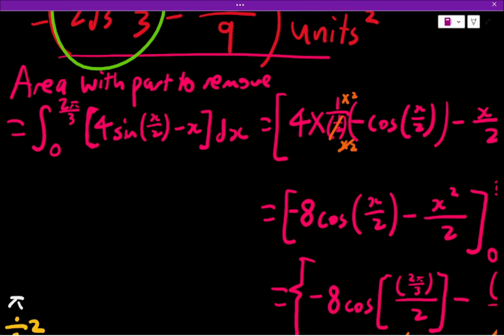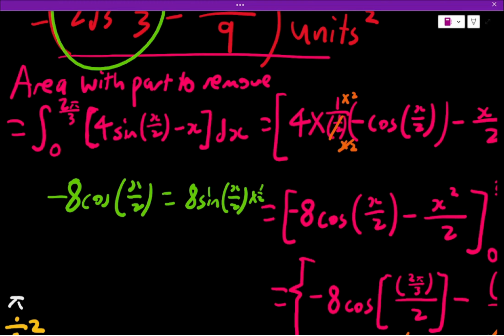You have to do 1 over a, where a is the coefficient of x. Well, if you were to differentiate negative 8 cosine x over 2, you get 8 sine x over 2 times half, so that's equal to 4 sine x over 2.